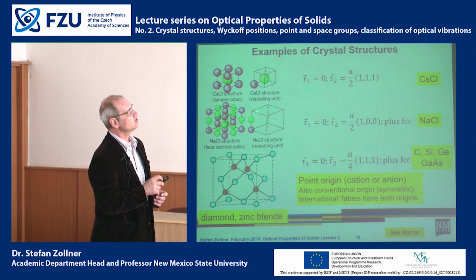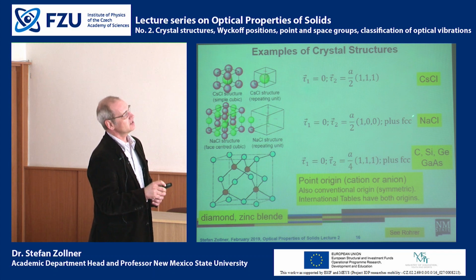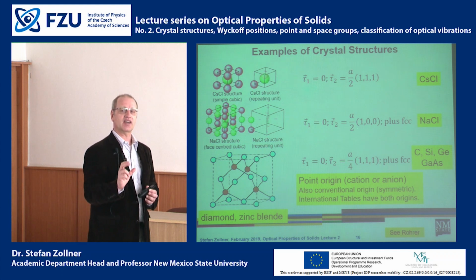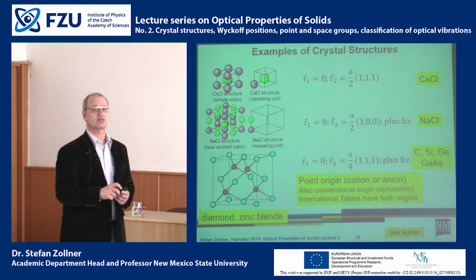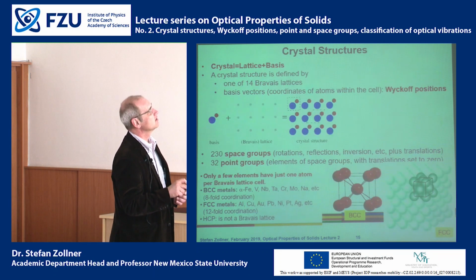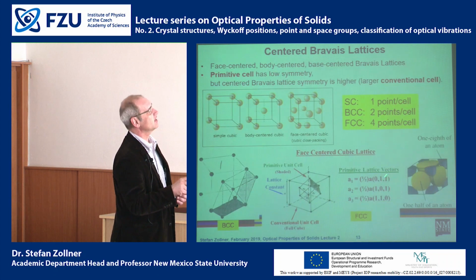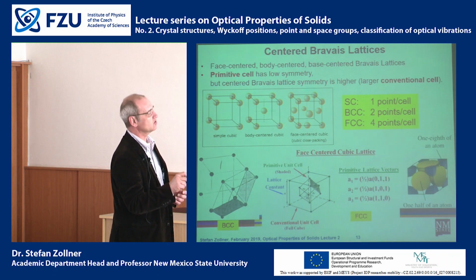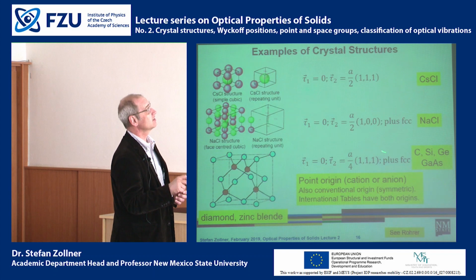I will typically choose the cubic cell, but then I have to say, well, in addition to these, I don't just have these two basis vectors, but I have 4 pairs of sodium and chlorine atoms because it is an FCC structure. It is an FCC structure where I have 4 lattice points per cubic cell, per conventional cell. So I have 4 pairs of these sodium and chlorine atoms. So I'm writing plus FCC. That means I have these 2 times 4.